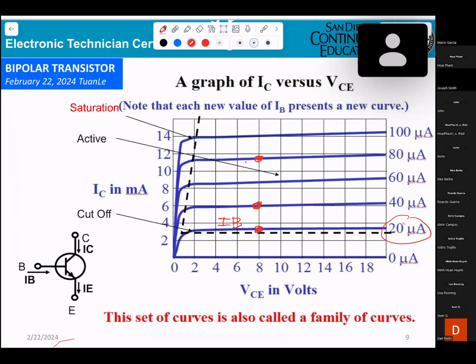So the transistor is controlled by the current. That's why they call a transistor, either NPN or PNP, a current controller.